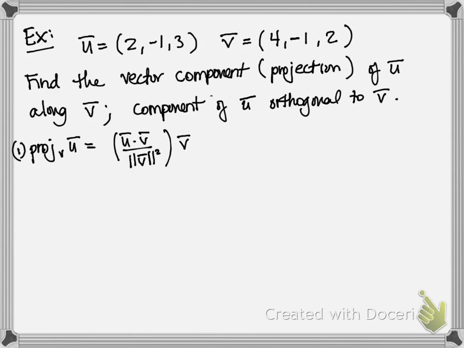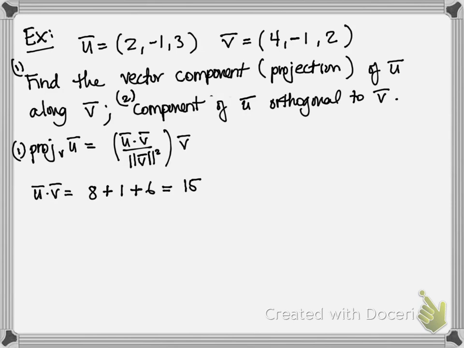So this is number 1, number 2. Okay, so the dot product U dot V is, I'm just going to do this quickly. I'm doing 2 times 4, which is 8, plus 1 times -1 times -1 is 1, and then plus 6, so I get 15.